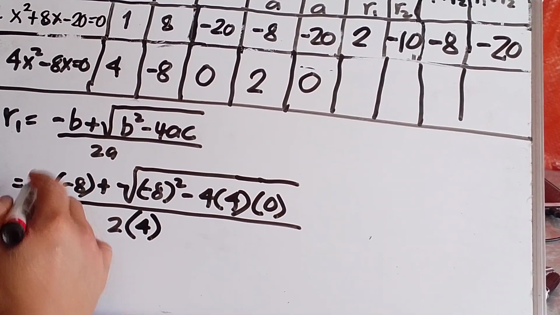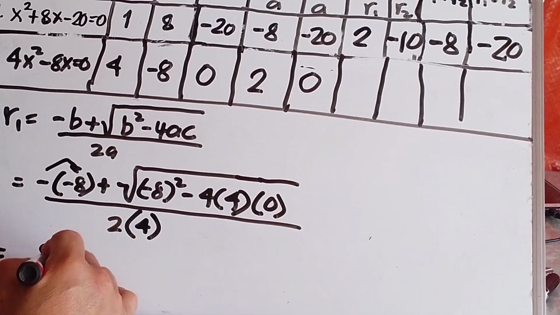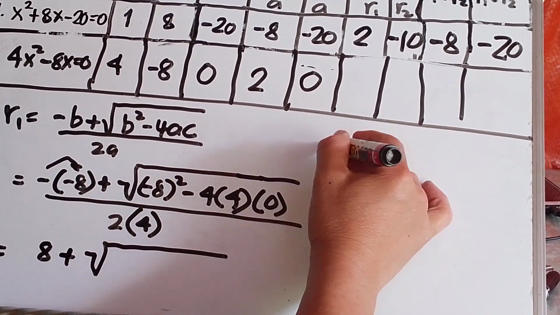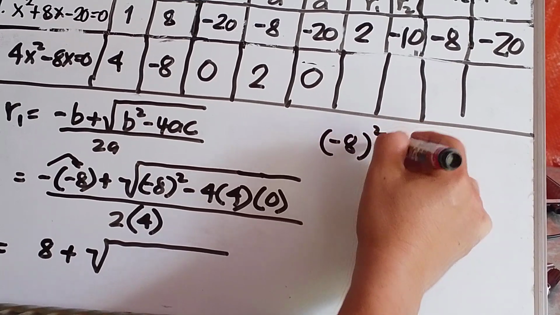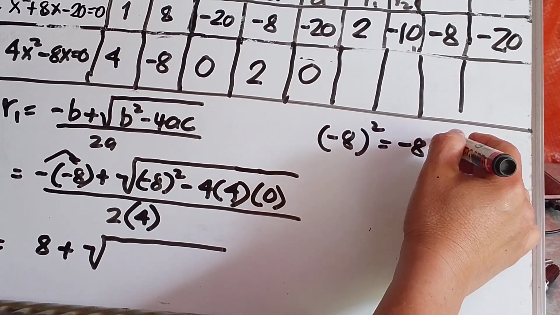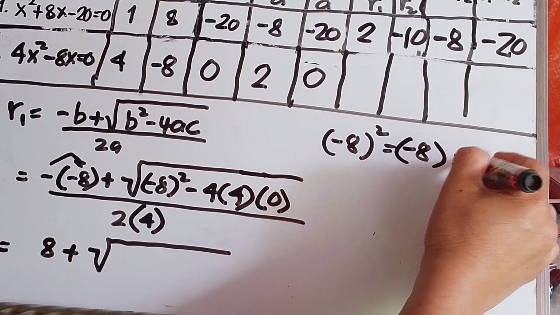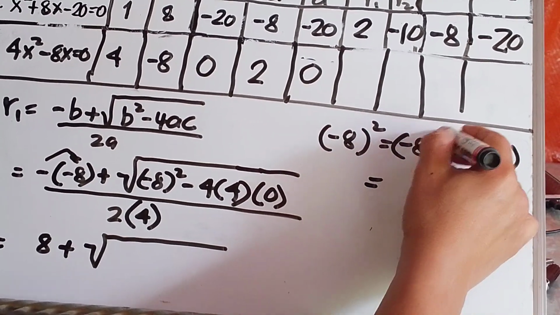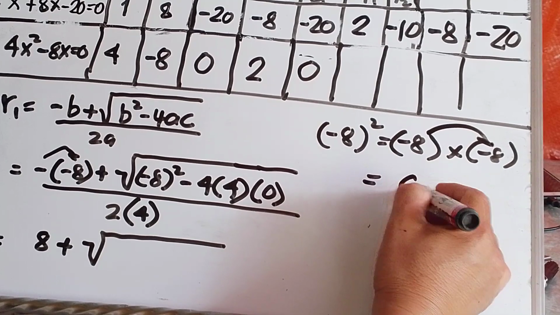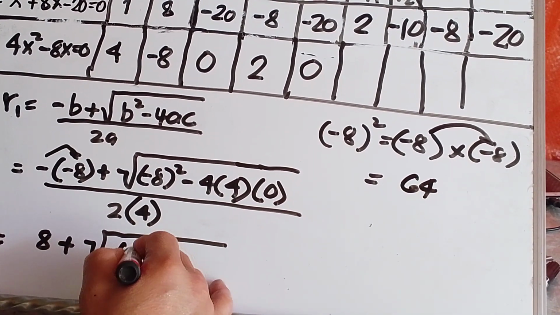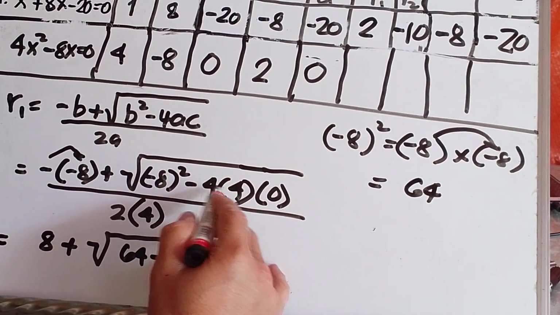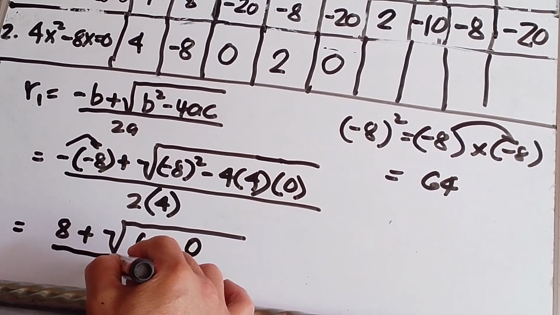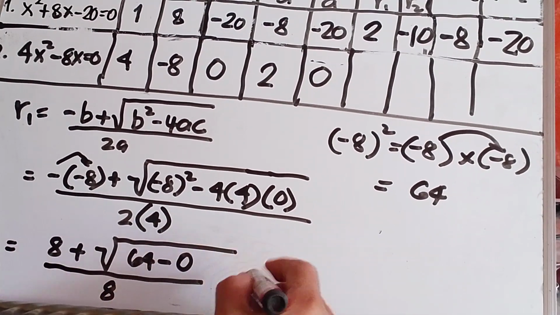So negative negative will be positive 8, plus square root of, what is negative 8 squared? It means negative 8 times negative 8. Negative times negative will be positive, and then multiply. 8 times 8 is 64. So I have here 64 minus 4 times 4 is 16 times 0 will be 0. Over 2 times 4 is 8.